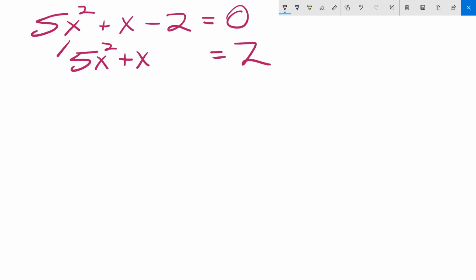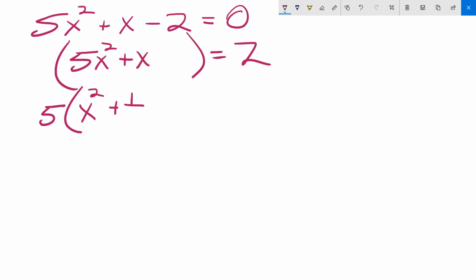And then put parentheses around the left side. Okay. And then you take out the 5. Okay. So yeah, you absolutely cannot complete the square until that's a 1. Yeah. X squared plus x over 5.